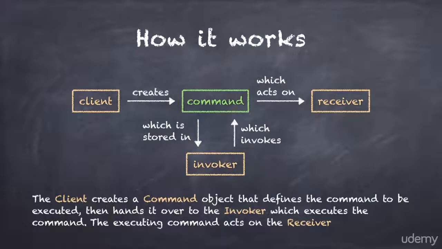This is an object that defines the command to be executed and contains any required arguments. The client then hands the command over to an invoker object, which executes the command.